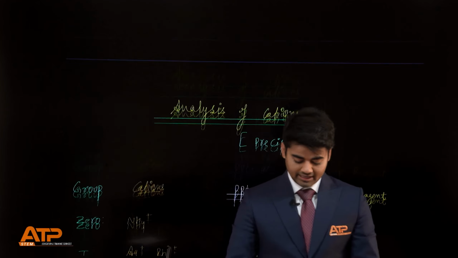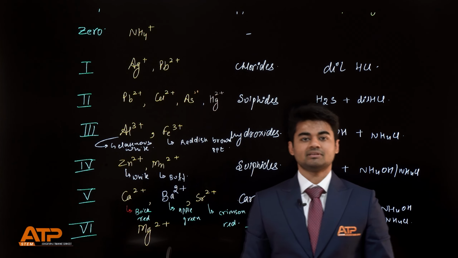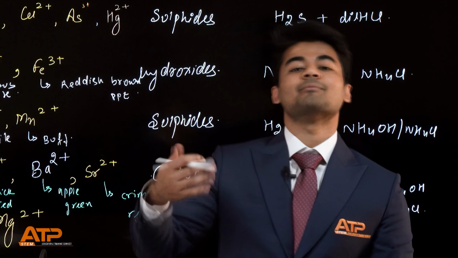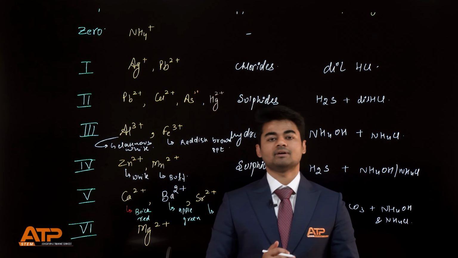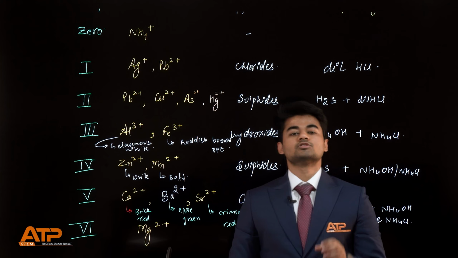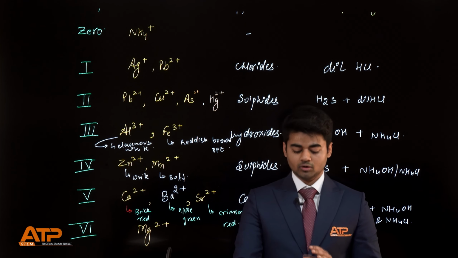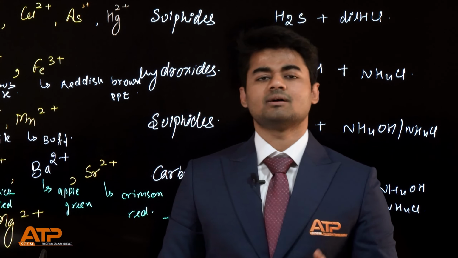But still, in that medium as well, group 2 salts are getting precipitated. Why? Because the amount of sulfide required by them is not much. Why? Because their Ksp value is very low. So if the Ksp value is very low, they tend to form precipitate with a very small amount of sulfide.